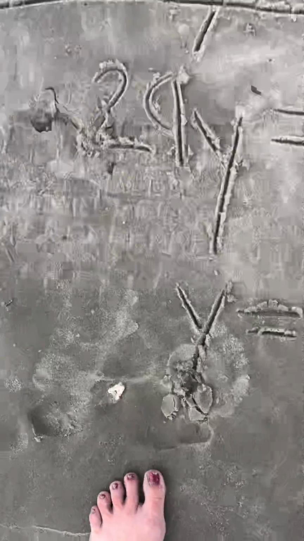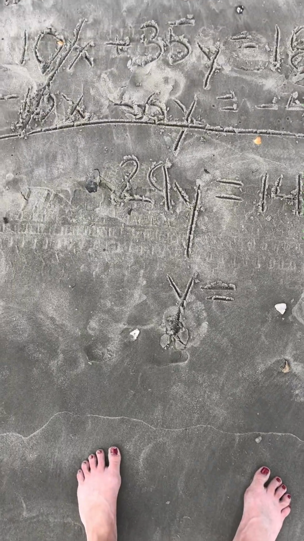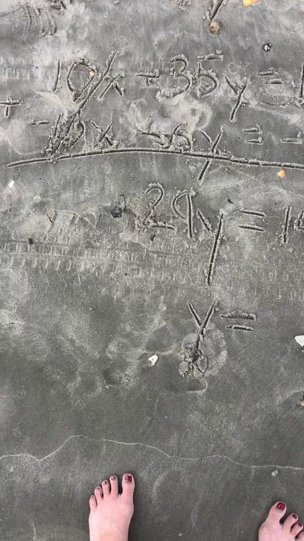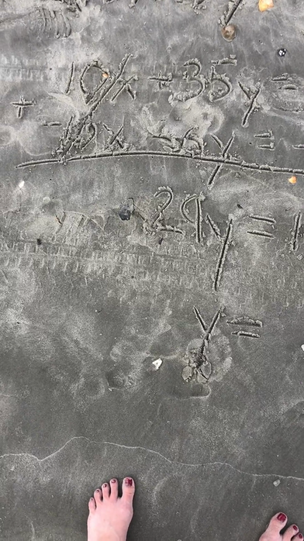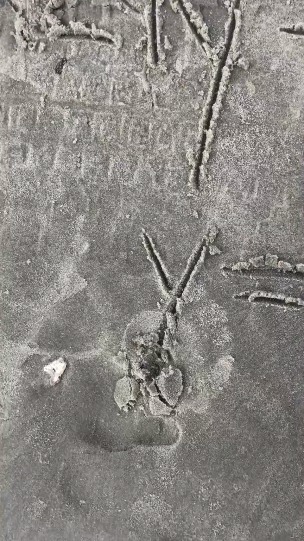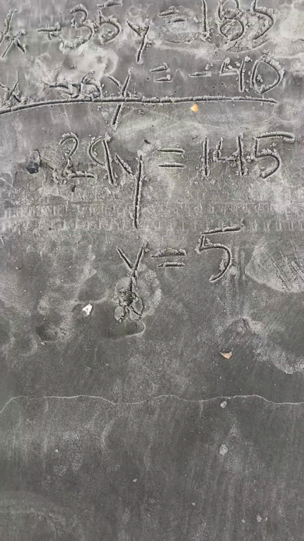When I divide by 29, y should equal 5. Sweet, I did do it right. Yeah, pretty good for vacation brain.